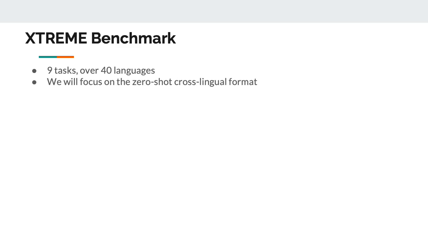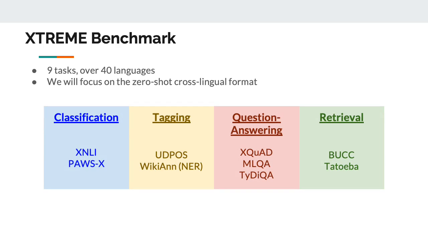To evaluate on zero-shot cross-lingual transfer, we are going to use the XTREME Benchmark. The XTREME Benchmark consists of 9 different tasks covering over 40 different languages. We will specifically focus on the zero-shot cross-lingual format, so we will only be training on the English training data. The 9 tasks can be categorized into 4 categories: 2 classification tasks, 2 tagging tasks, 3 question answering tasks, and 2 retrieval tasks.